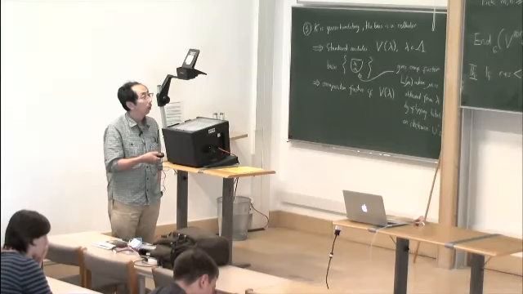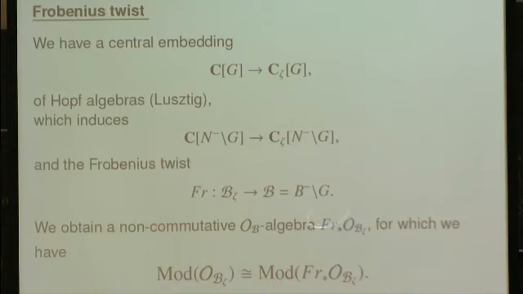Taking the direct image using this finite morphism, we obtain some non-commutative algebra. We obtain a sheaf of rings on B, a sheaf of algebras on B, denoted by this one. So this is an actual sheaf of algebras on the actual space. And we have an equivalence of categories.